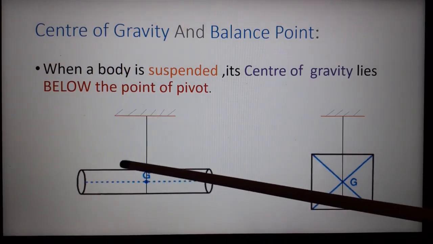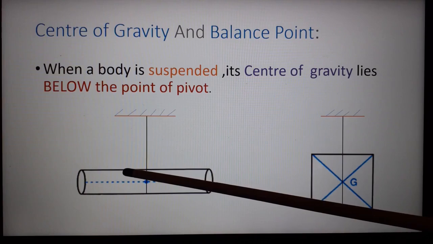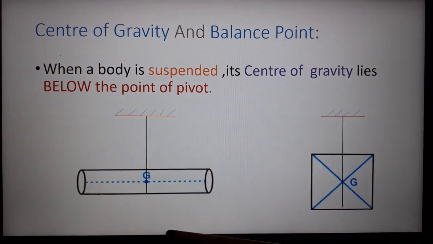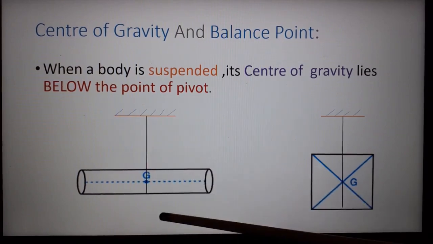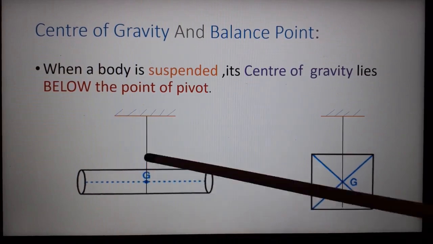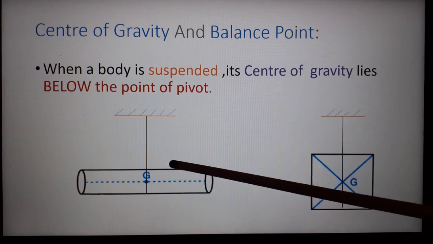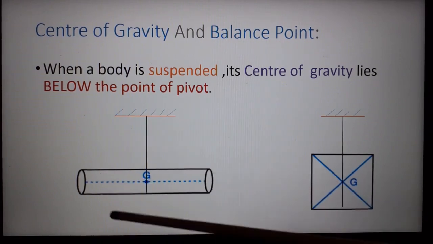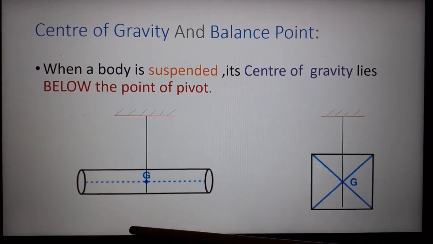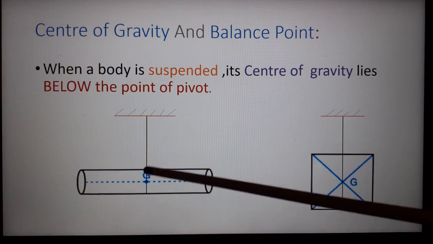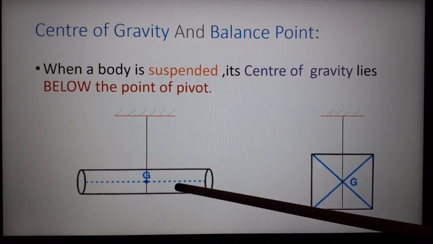If it is a little bit here or there, if you have tied the string this side, what will be the observation? Definitely this rod will turn in the clockwise direction, so you will get a clockwise moment. If your string is tied this side, then we will get an anti-clockwise moment, right? So make sure if your point of suspension is just above the center of gravity, the object will be in equilibrium.